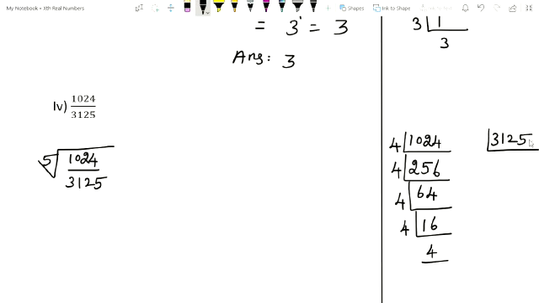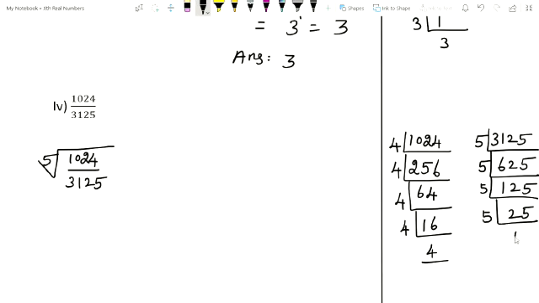This number is ending with a 5, so divisible by 5. 6 5s are 30. Remaining 12. 2 5s are 10. Then 5 5s are 25. 5 1s are 5. 2 5s are 10. 5 5s are 25. 2 5s are 10. 5 5s are 25.